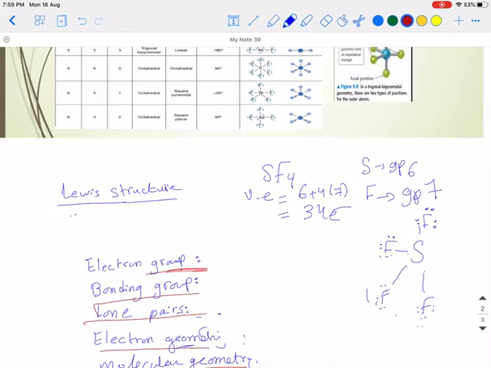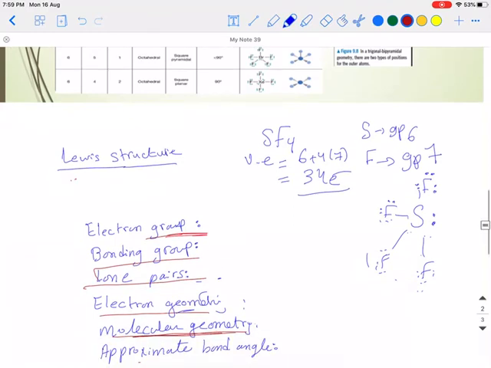So 6 by 4, 24, 25, 26, 27, 28, 29, 30, 31, 32, and we still need 1 lone pair to sum up to 34. This is the correct Lewis structure.